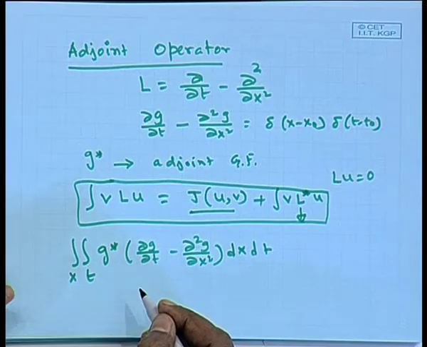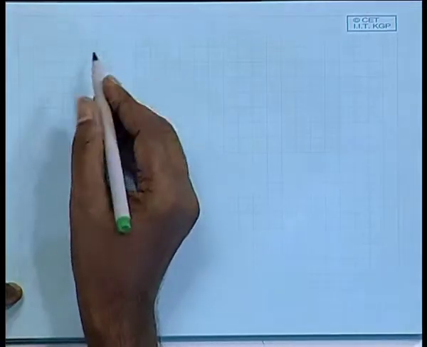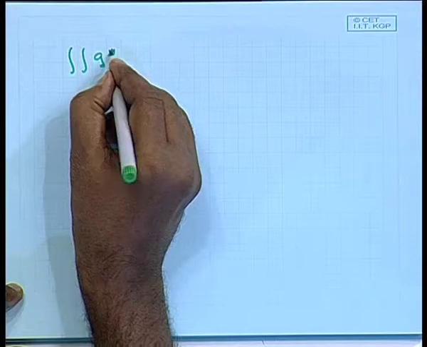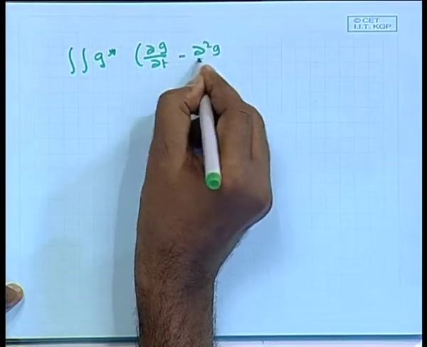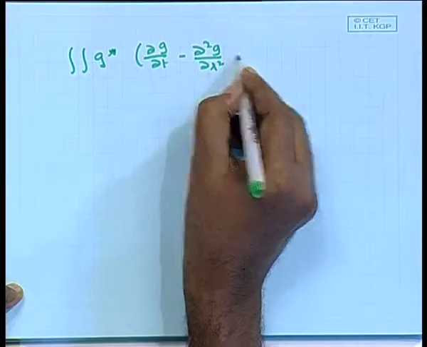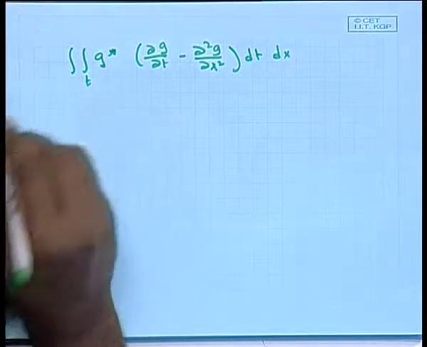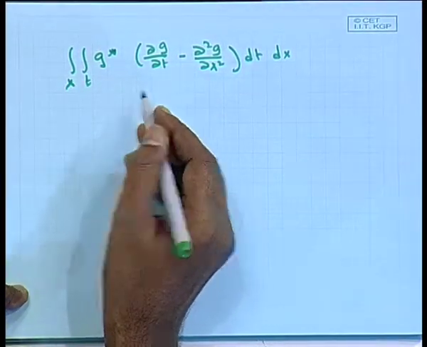Okay. So, consider this integration of g star times del g del t minus del square g del x square, dt dx, one integration over t, another over x.